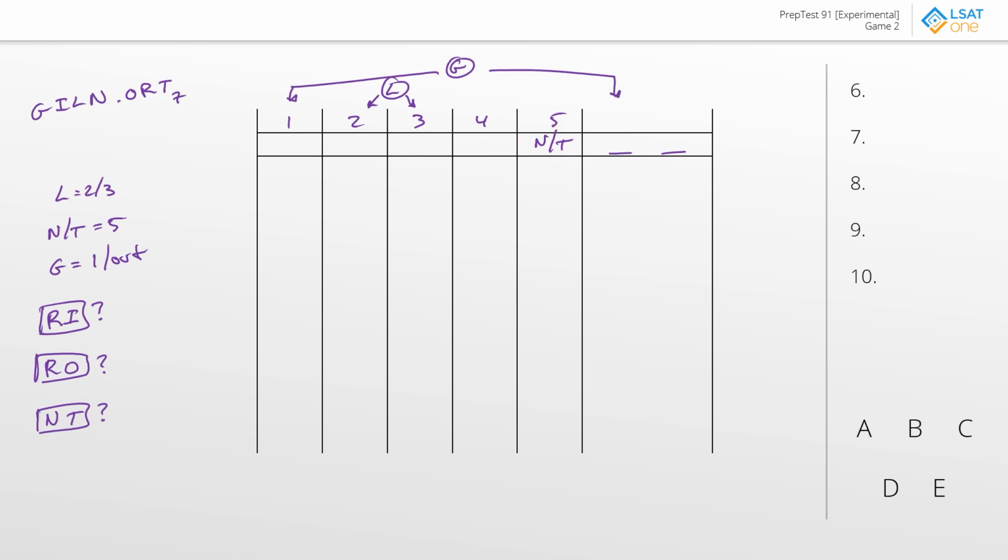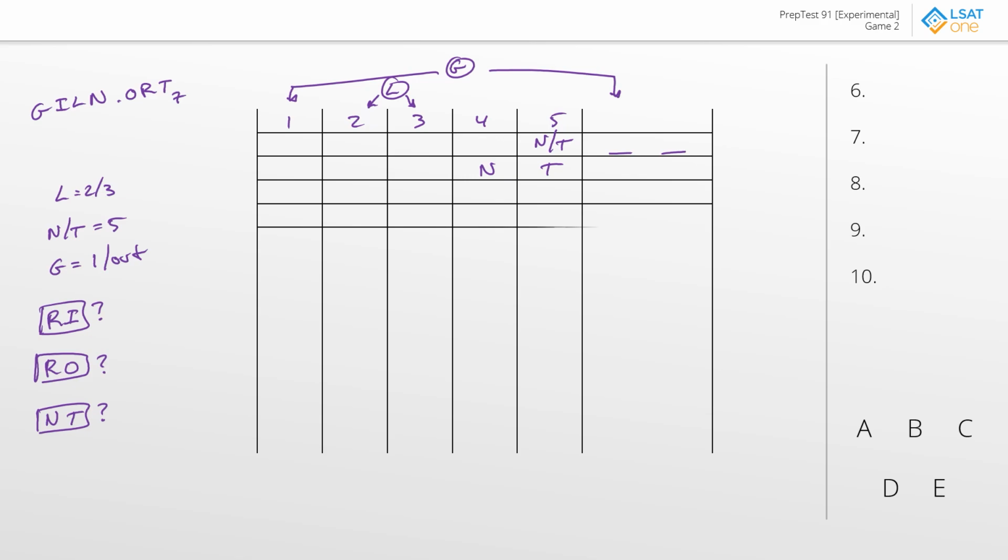So I suppose what we could do is exhaust this based on that, because really there's only 2 major plays. Either we're going to have N and T in 4 and 5, or they're just going to split between in and out. So we could even further exhaust: either we're going to have NT or we're going to have TN on in and out.